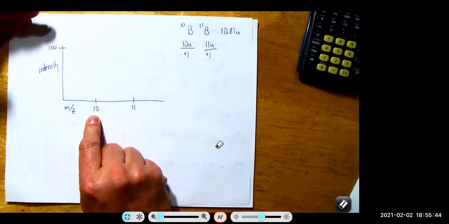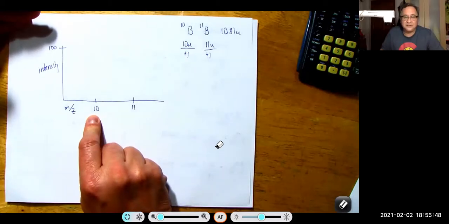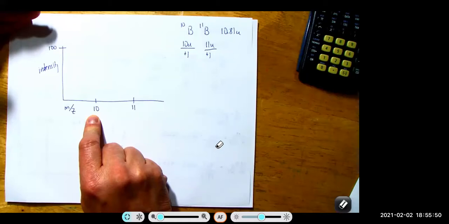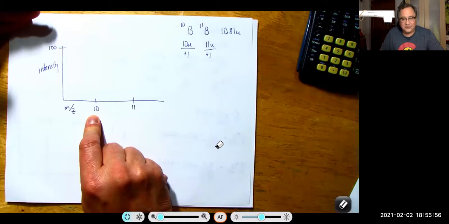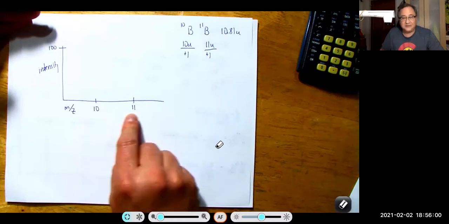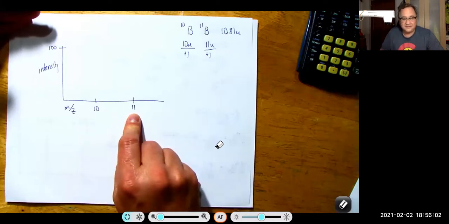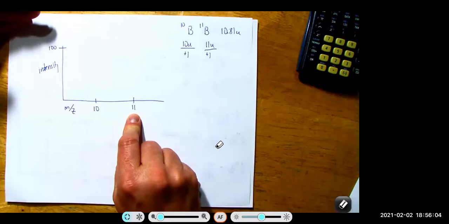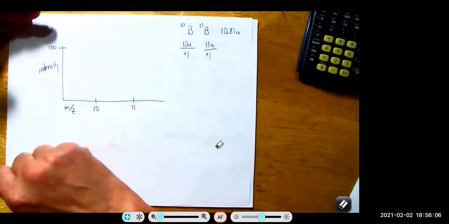It's 10 because that's how much it weighs. Only one of you has attitude? Come on, we can do better than that. It's 10 because that's what it weighs. That's two of us. How about this one? That's 11 because that's what it weighs. That's right.